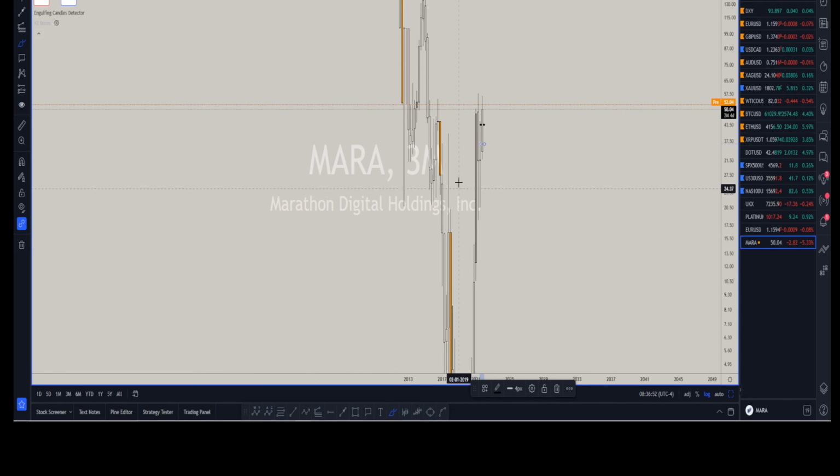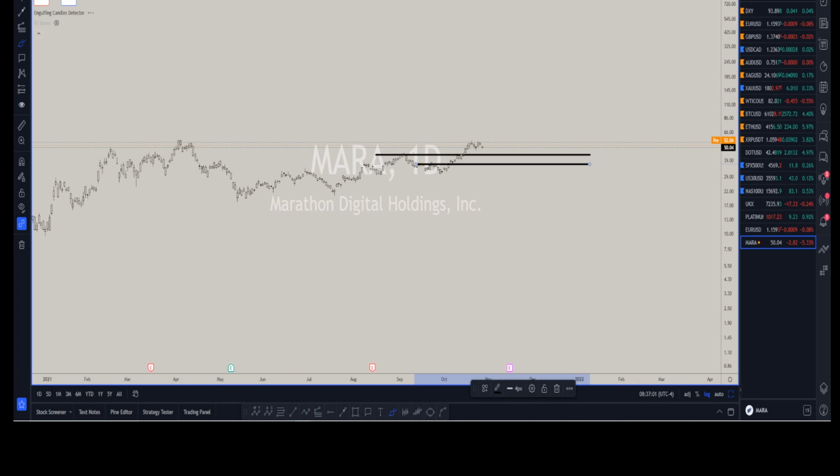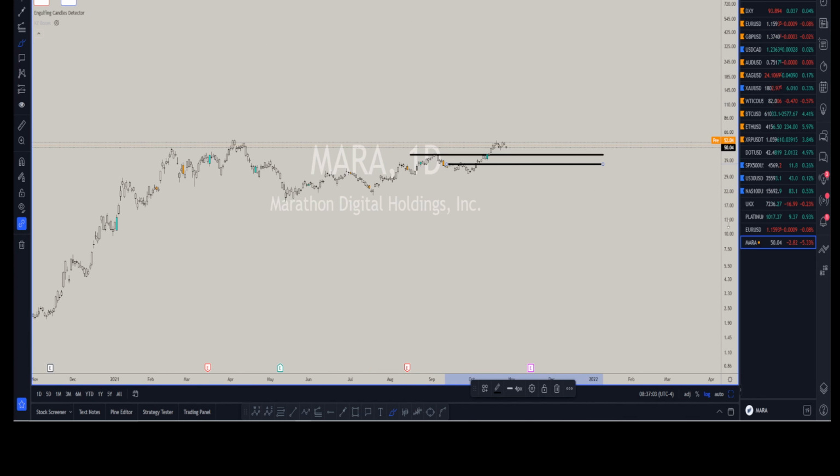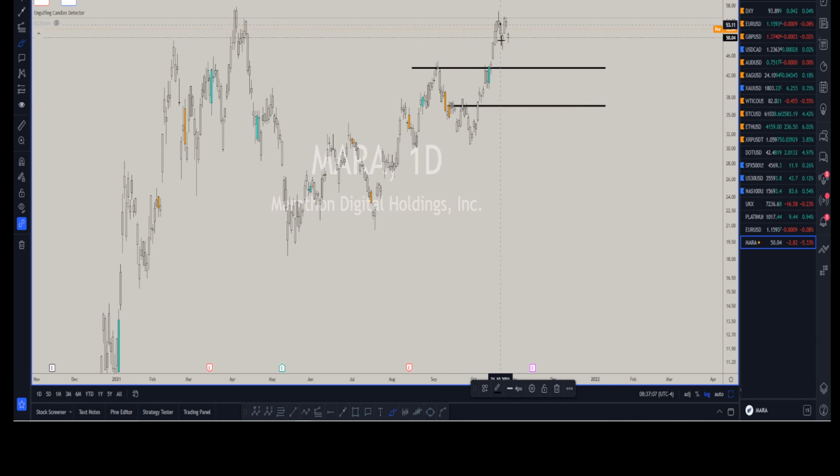This one already cleared. This one got rejected from. It has a potential, but I would love a small pullback retest of the structure. Maybe they're going to do something like this, come down and pop. If that's what plays out, I would be interested in buying this around these areas.